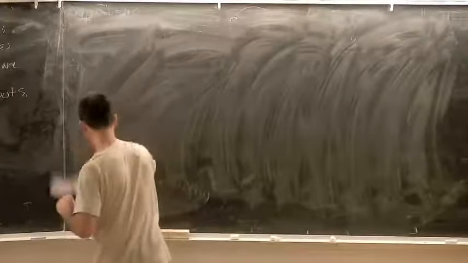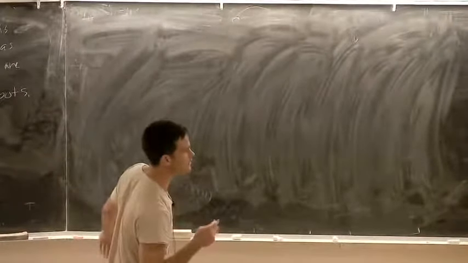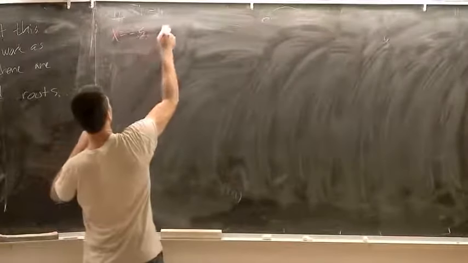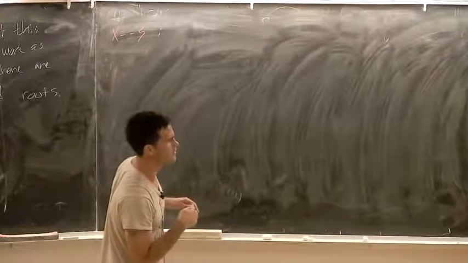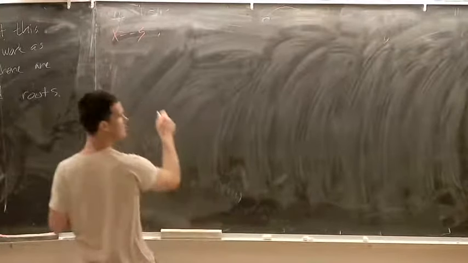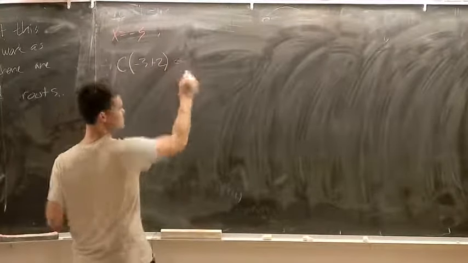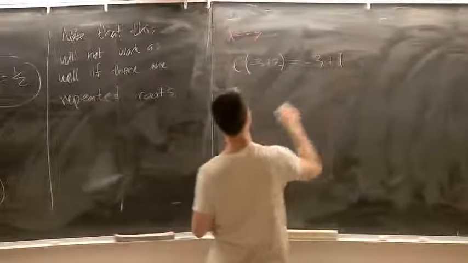The other good number to plug in would be negative 3. If x is negative 3, the first two terms disappear, and I get C times negative 3 plus 2 equals negative 3 plus 1.